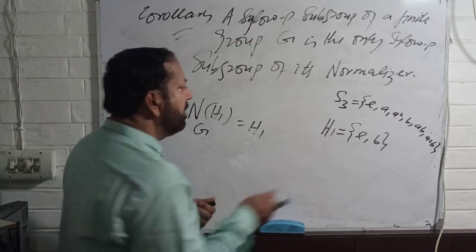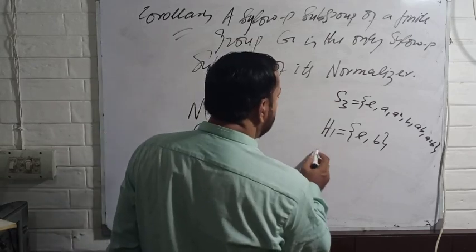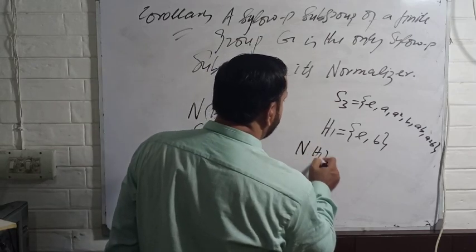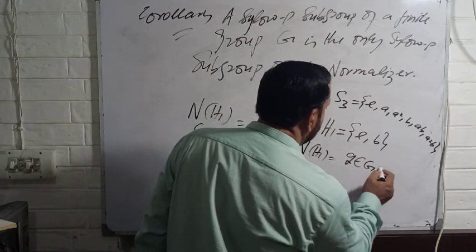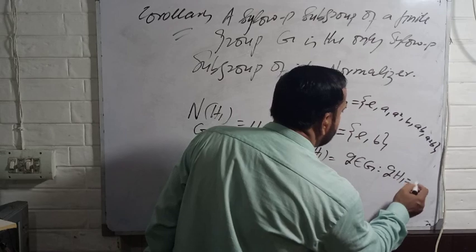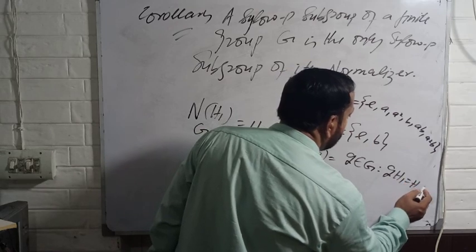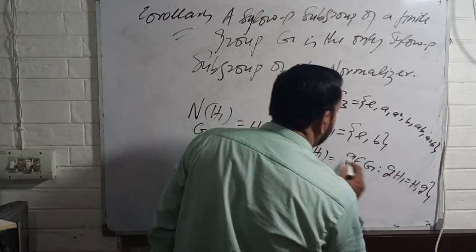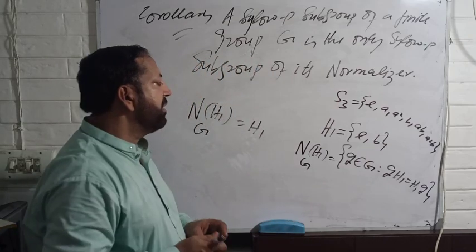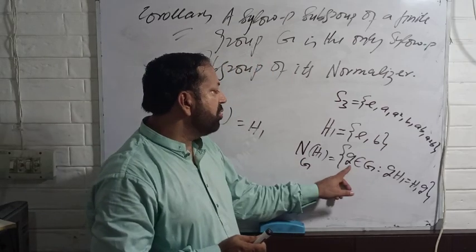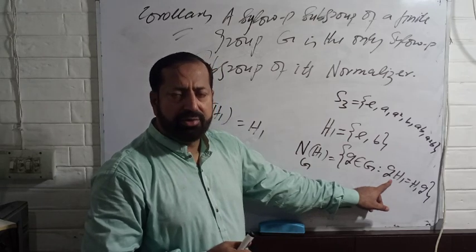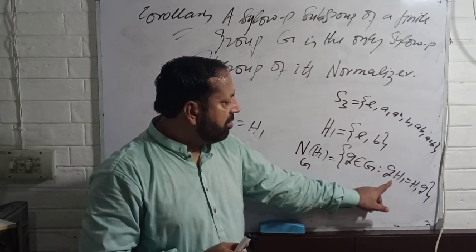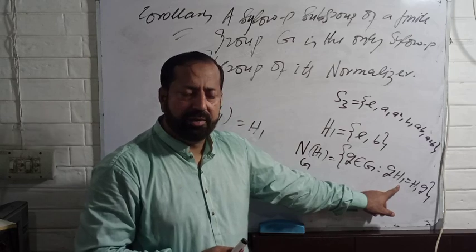So let's check. How do you find the normalizer? The normalizer of H1 in G is equal to the set of g belonging to G such that gH1 is equal to H1g. This is the condition. I need to find the normalizer of H1 in G, those elements of G which permute with all elements of H1, right?